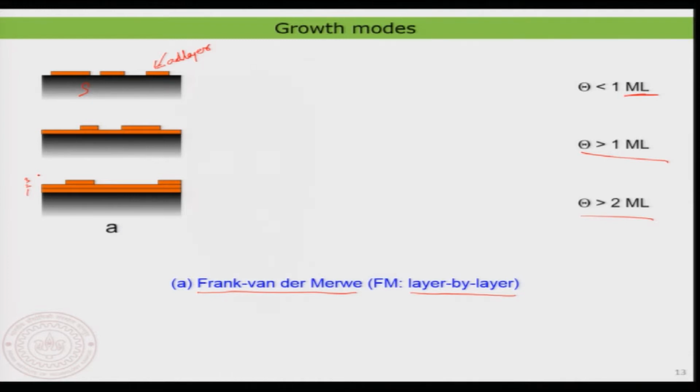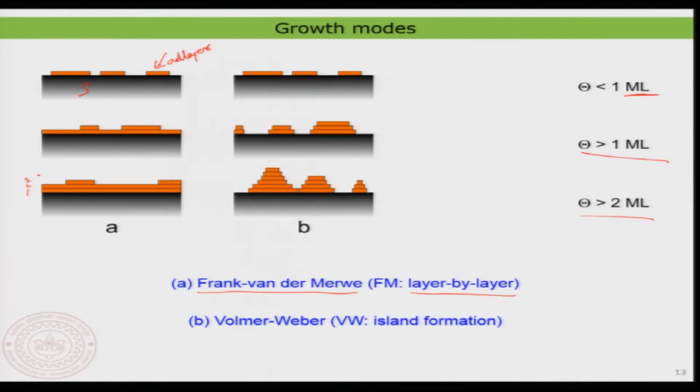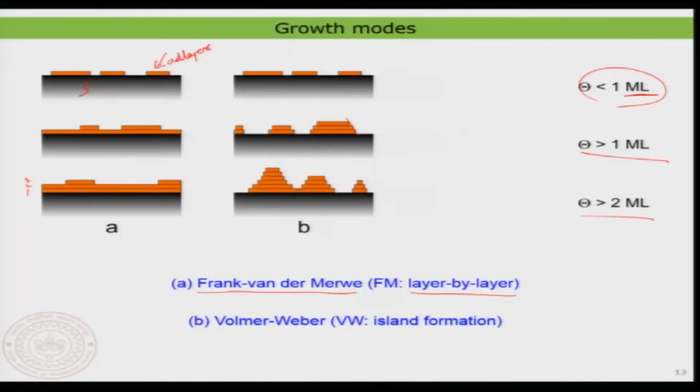Now comes something interesting. In certain other cases, you would find that at lower coverage it is no problem, everything looks the same, exactly as in this case. But when you increase the coverage, instead of forming a complete layer, the layers start to form some kind of islands, but they grow just in the third dimension, that means along the height direction. Instead of spreading across the surface, they are just growing along the height.